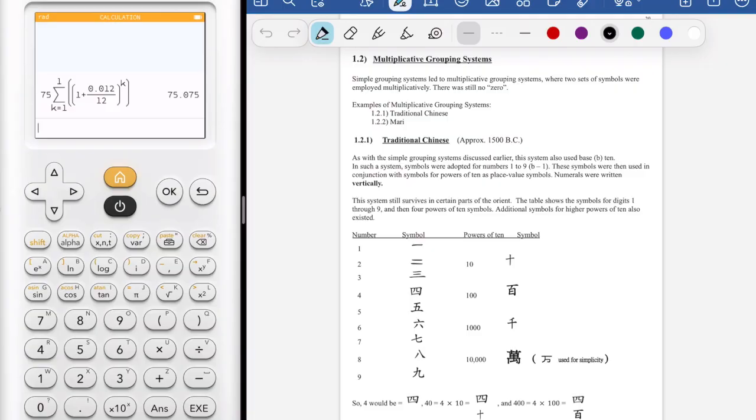So in traditional Chinese about 1500 BC, as with simple grouping systems discussed earlier, this system also used base 10, and there is that familiarity.